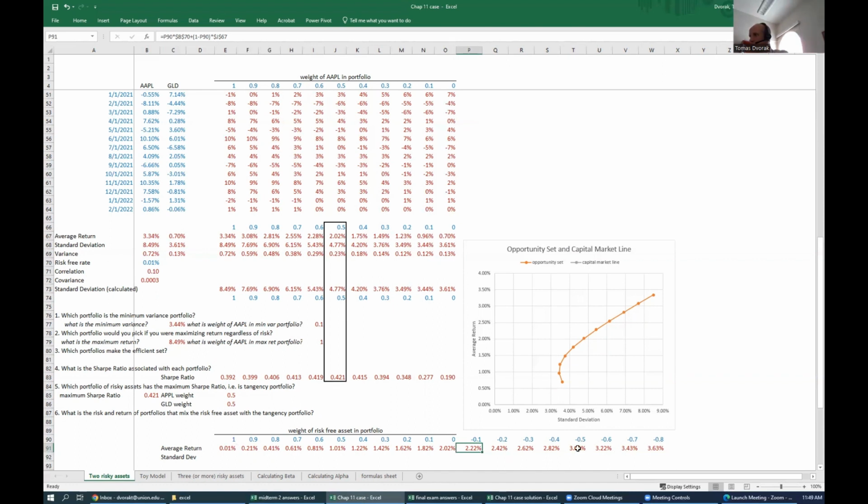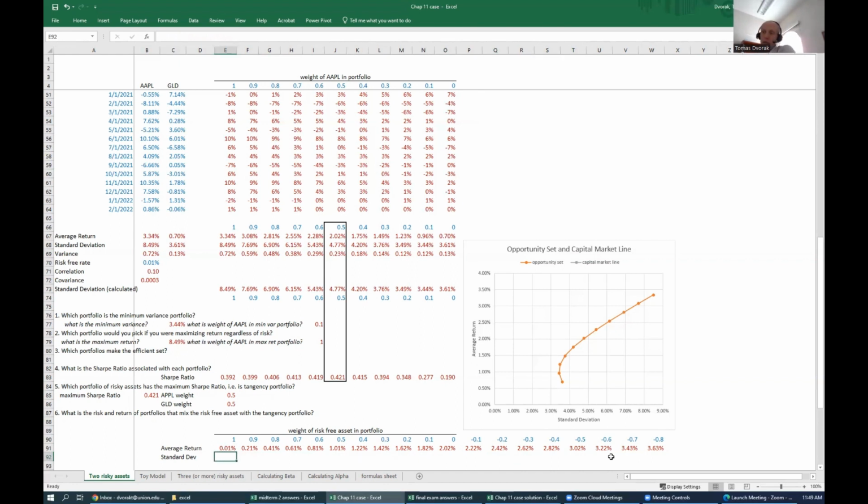Just imagine, if we start with $100 and we borrow $50, then we can invest $150 in the tangency portfolio, and so we're going to get an even higher return. Of course, we're going to get higher risk as well. And so let's calculate the risk.